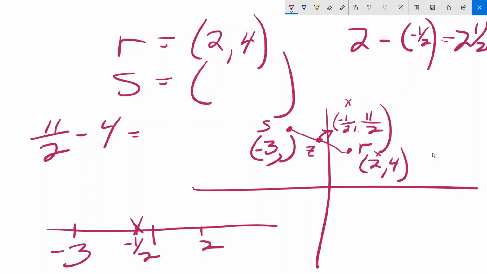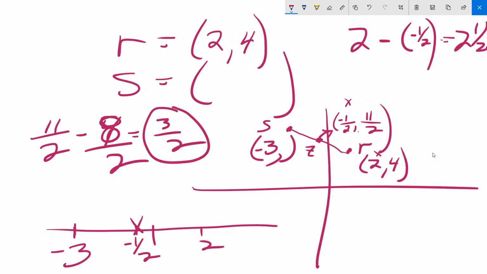Find a common denominator. Whenever you're subtracting fractions, you have to have a common denominator. So it'd be 3 more? 3 halves. In other words, 4 is 8 halves, right? Well, 11 halves minus 8 halves is 3 halves. So that's how far the midpoint is from the y-coordinate of R. How much further do I have to go? 3 halves.